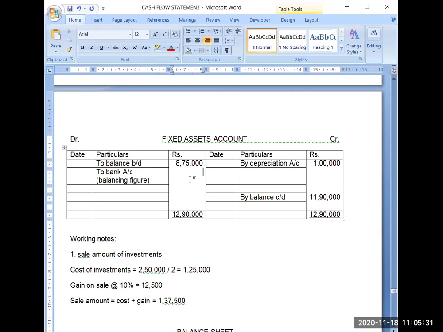So now 8,75,000 plus 25,000, 9 lakh, then plus 3,90,000. So 3,90,000 plus 25,000, 4,15,000. So this means that you have purchased fixed assets worth rupees 4,15,000 in the current year, and we have not sold out any machinery, any fixed asset during the current year.